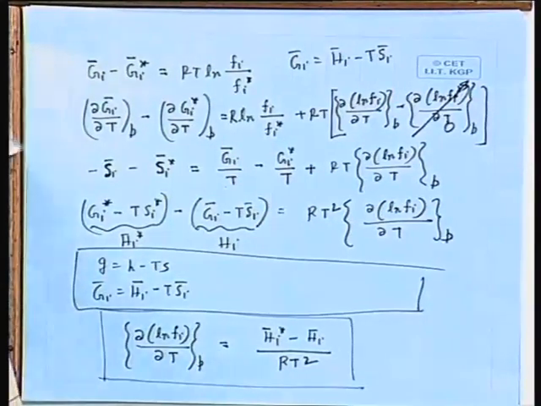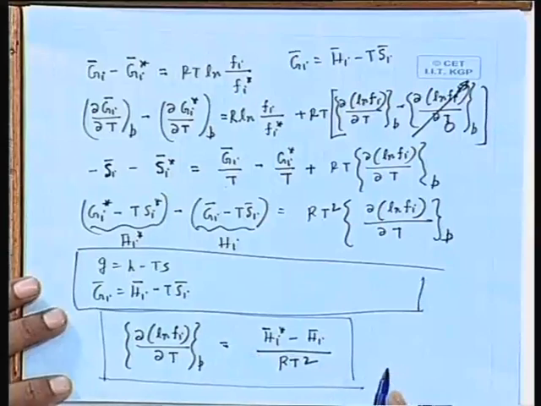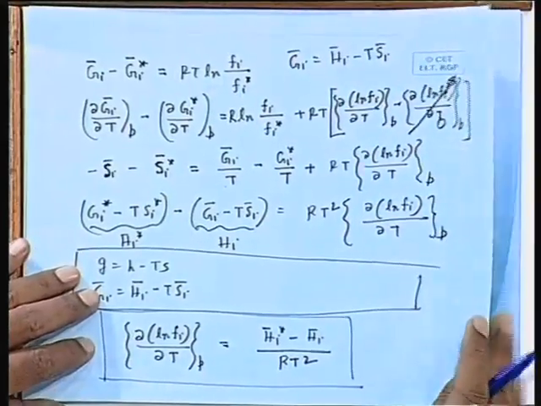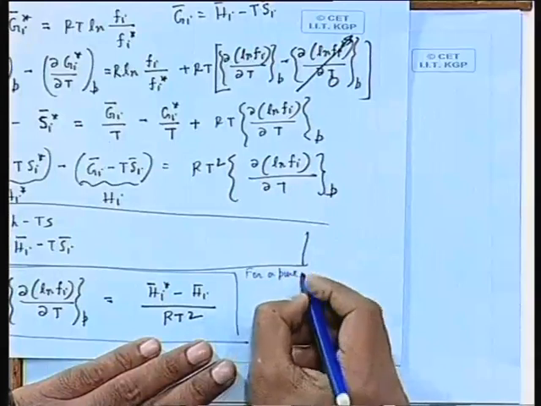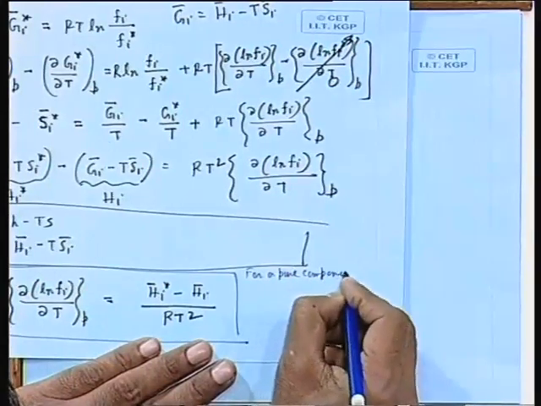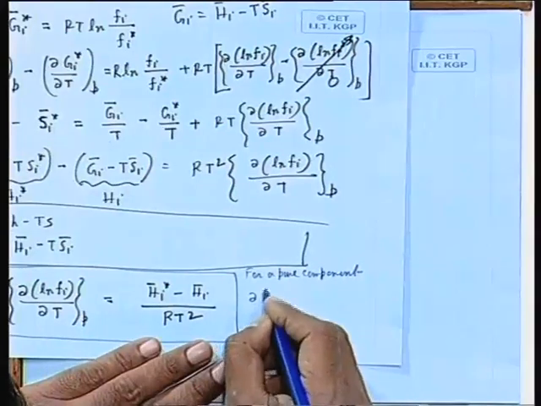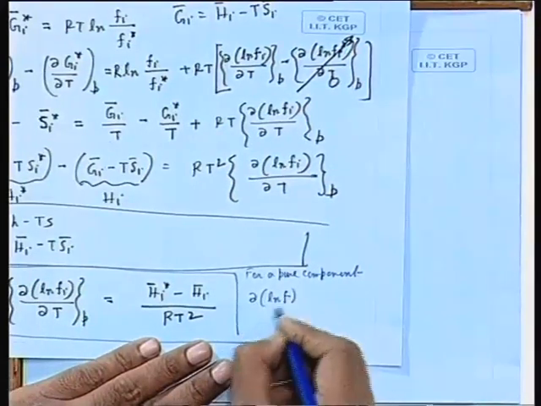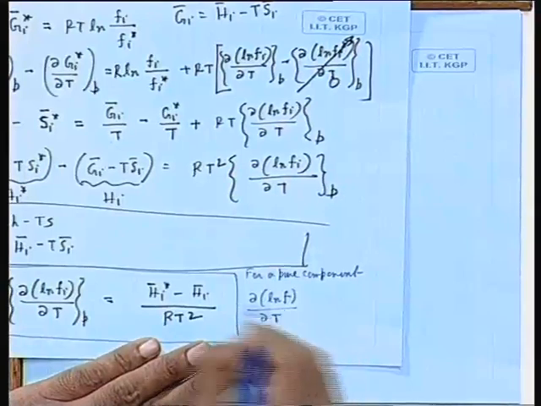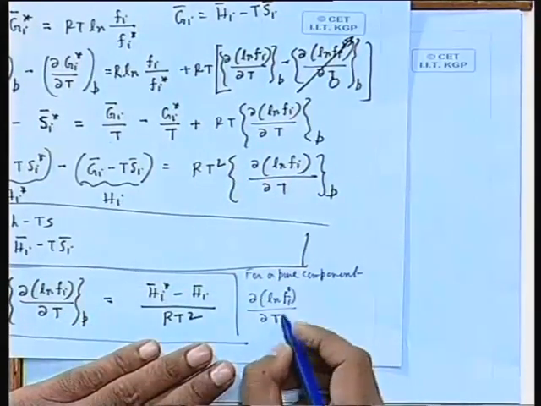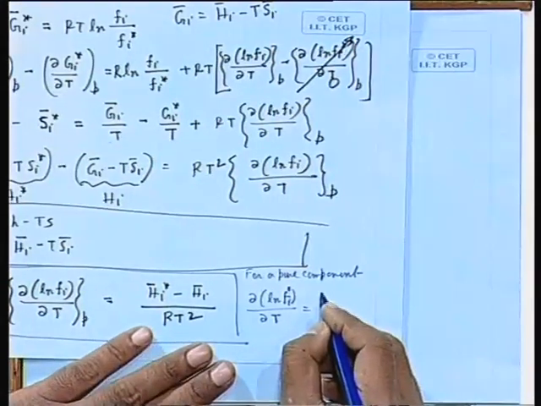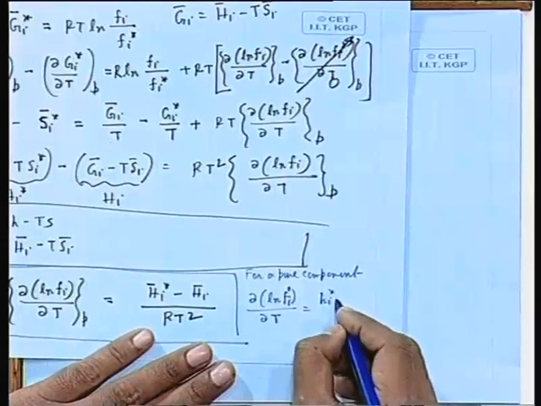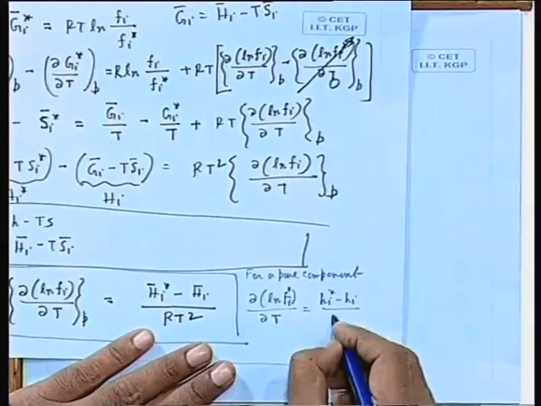Now, what will happen for a pure component? We repeat for a pure component. For a pure component, this will be del ln F divided by del T. That means for the ith component, when it exists as a pure component, denoted Fi0, it will be Hi star minus Hi divided by RT square.